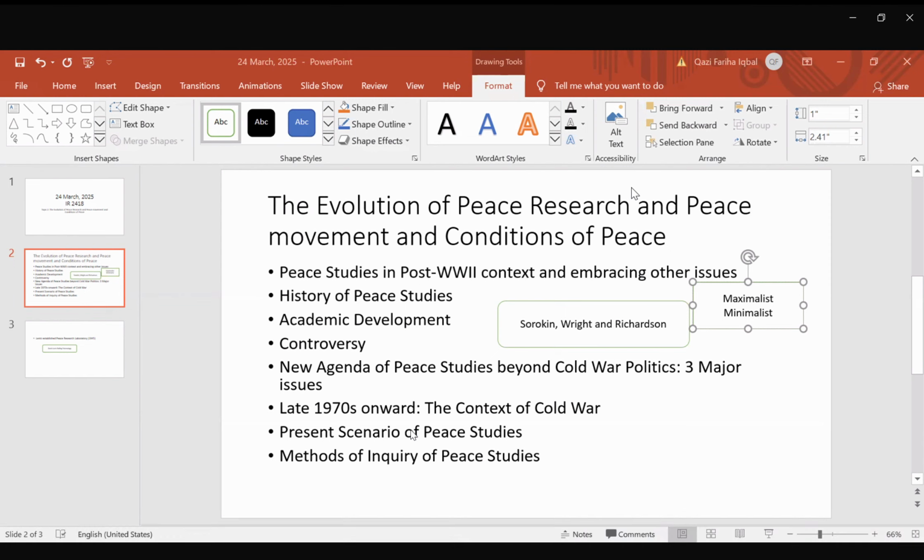So what sort of interdisciplinary approaches? It took insights from political science, international relations, history, and all other branches of social sciences. It has included all those disciplines to study the concept of peace and conflict.